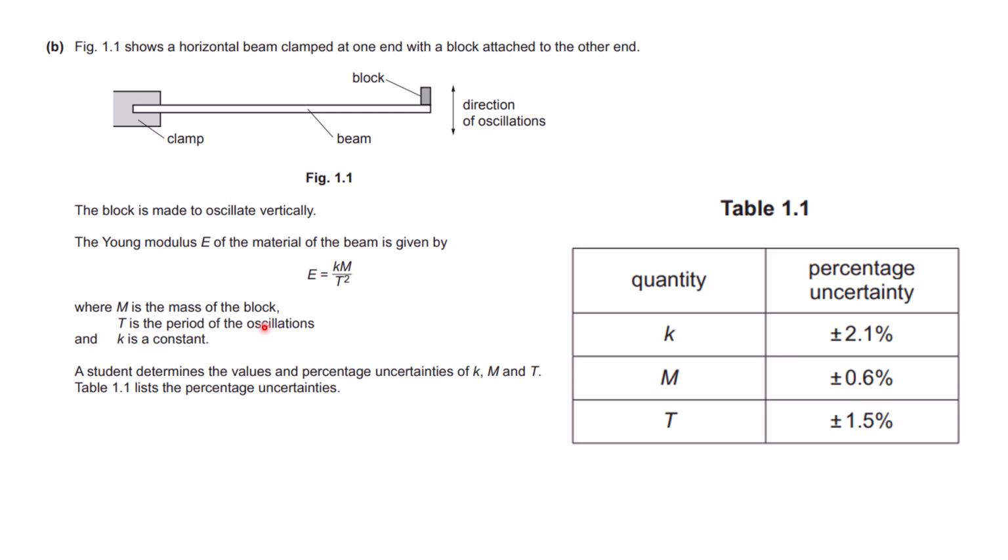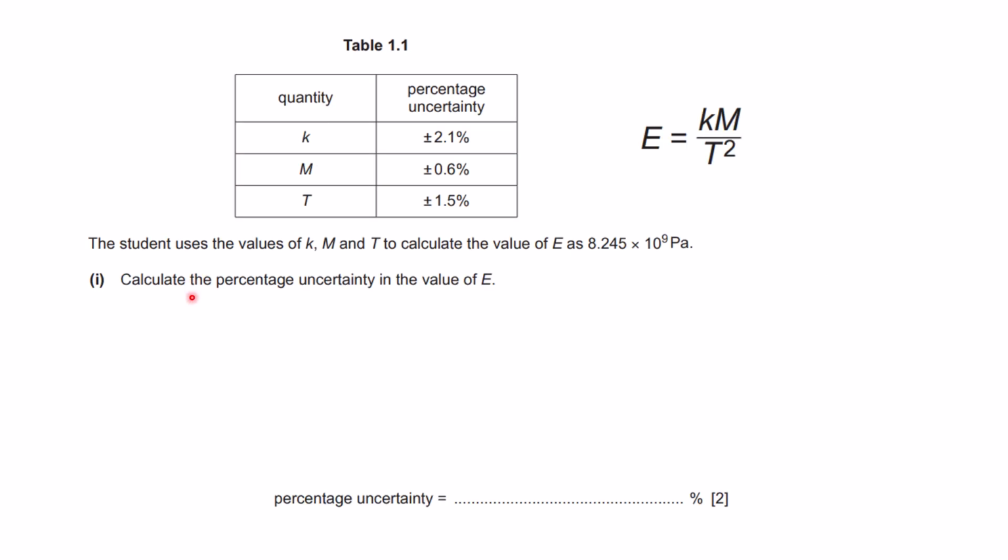M is the mass, T is the period, K is the constant. A student determines the values and percentage uncertainties of K, M, and T, and lists the percentage uncertainty in this table. The question asks to calculate the percentage uncertainty in the value of E.